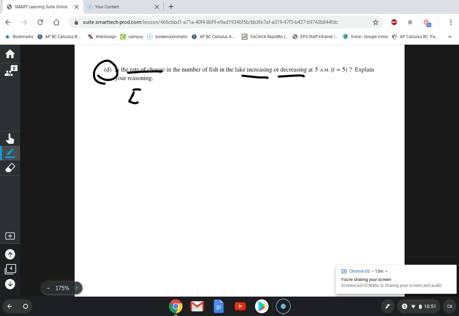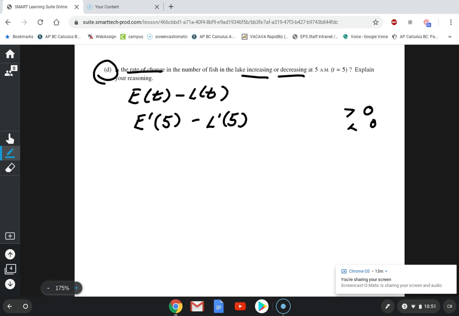The rate of change is E of t minus L of t. If we want to know if that's increasing or decreasing, we're going to need to know E prime of 5 minus L prime of 5, and then determine if that is greater than 0 or less than 0.